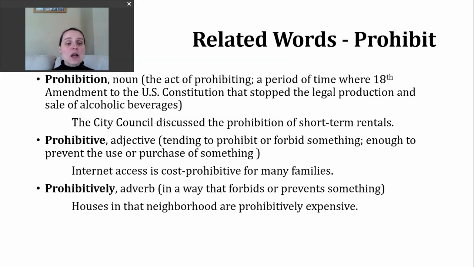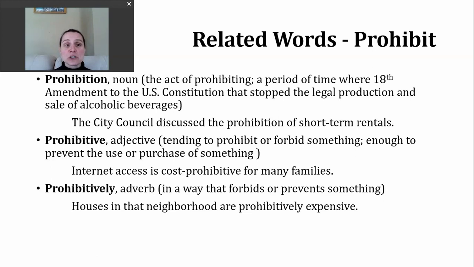Another related word is prohibitively. And because this ends in an ly, you might be thinking it's an adverb, and it is. It has a similar meaning that says in a way that forbids or prevents something. So our adverbs can describe actions, but they can also describe adjectives.